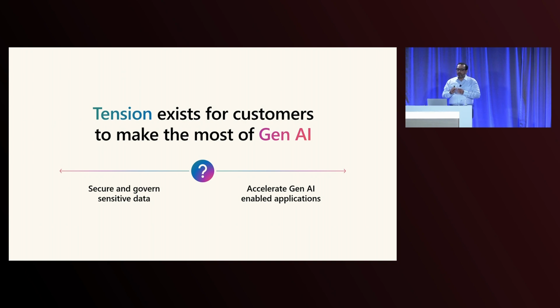However, from the perspective of the Chief Information Security Officer or CIO, they want to move with security and governance in place. And that's why there is always a tension between adopting these GenAI technologies and how organizations, enterprises, and businesses adopt them in a secure and governed way.